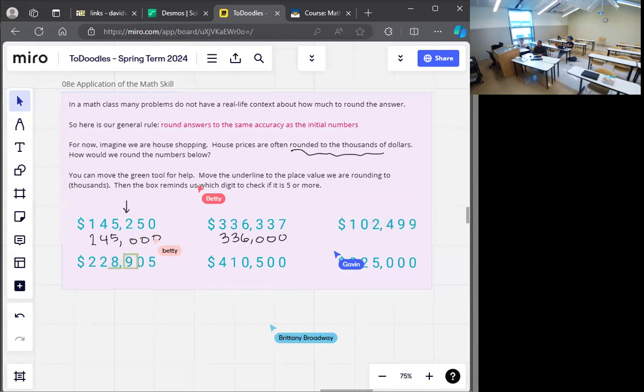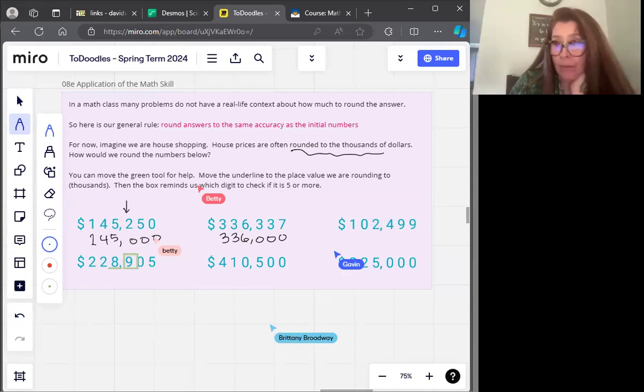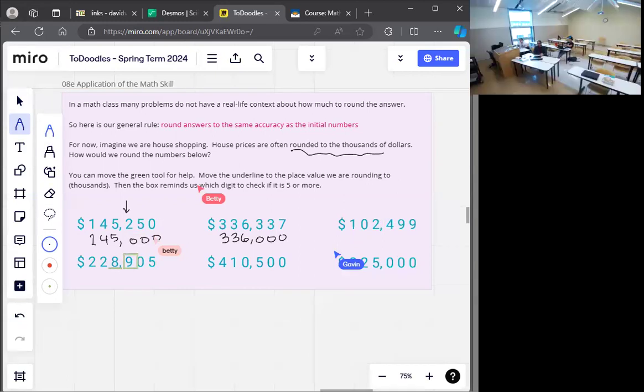How do we round that 8? Tenth. Yeah, 9 is pretty big. So this 9 in the box is going to make the 8 go up.